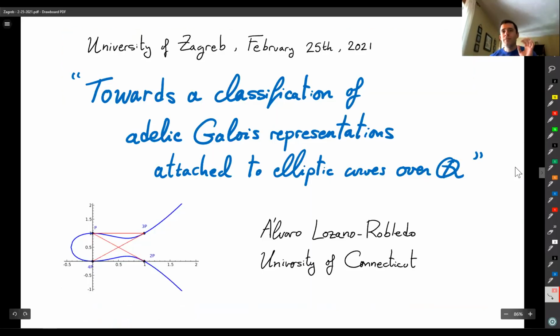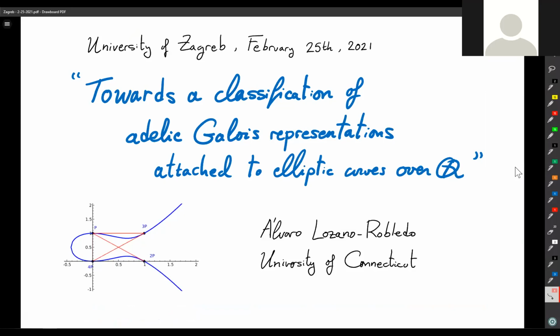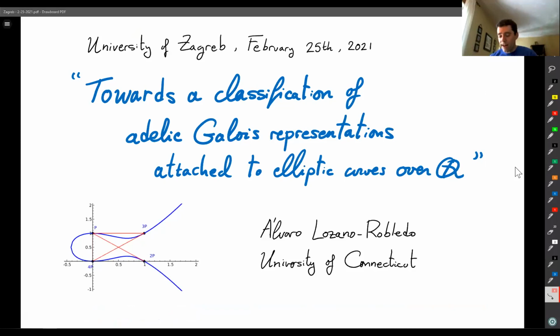The title says "towards" to indicate that we're really far away from this classification, but this is my goal, and we're extremely far away from it. But I just want to talk about a number of results that have been appearing in recent years, and if you put them all together, they look nicer when you know what this is about. It's about classifying these adelic representations and what the possible images of such representations are.